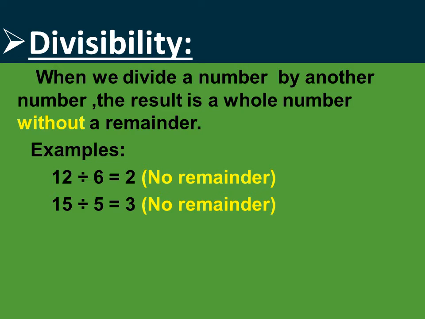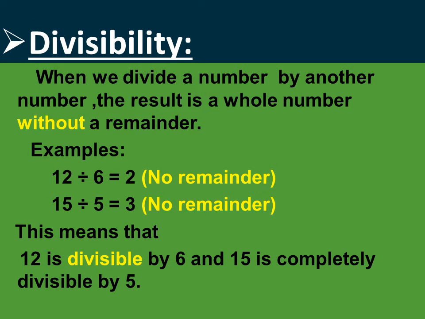This means that in this division we will get no remainder. So, when we get no remainder in division of a number by another number, in the above examples we can say that 12 is divisible by 6 because we get no remainder in this division, and 15 is completely divisible by 5.